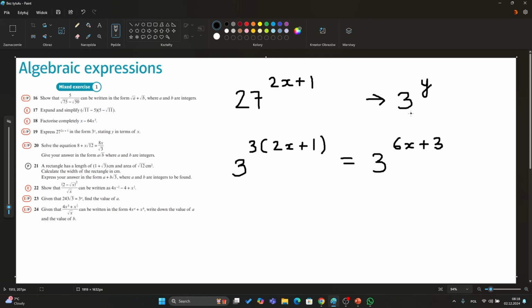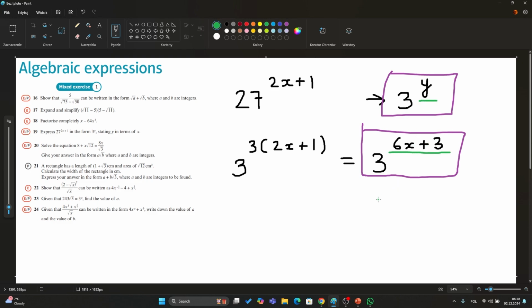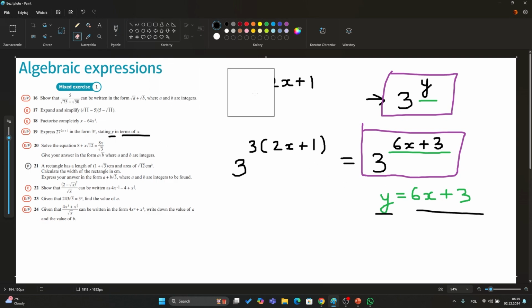And therefore, if we compare these two together, we can compare the powers by saying y equals 6x plus 3. So we are stating y in terms of x. And that is the end of the question.